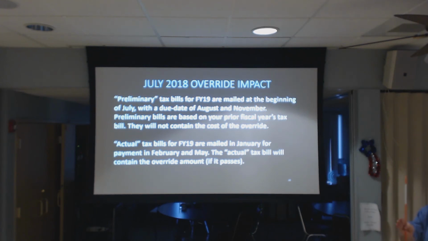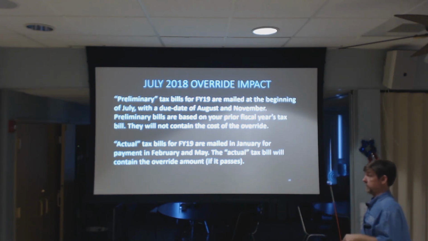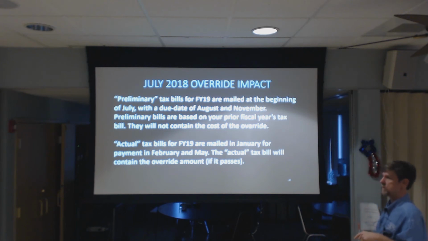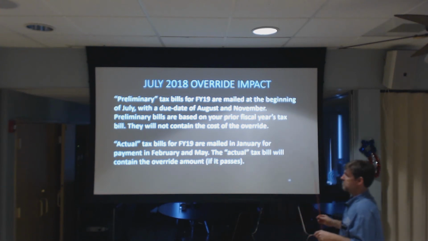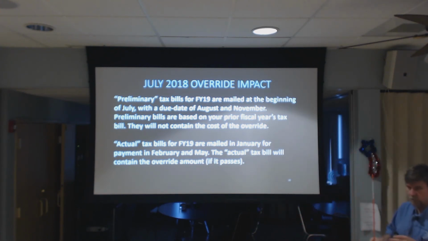It is simply last year's tax bill divided by 4 for 4 quarters. The actual tax bills, which get mailed out usually in late December or early January, for payment in February and May, are what the actual amount would be, and would contain the amount of the override.